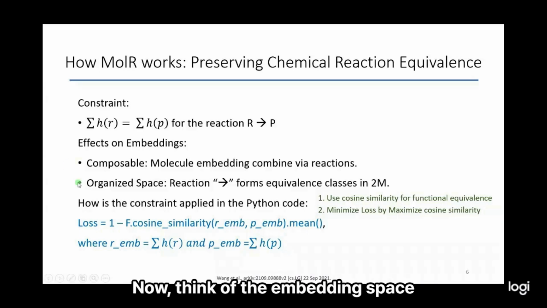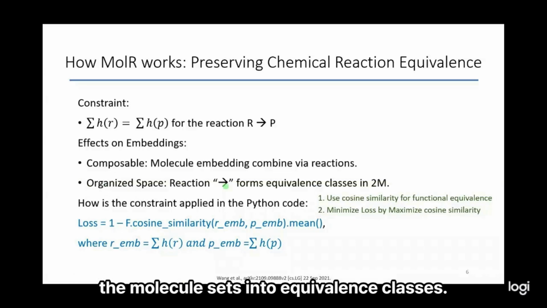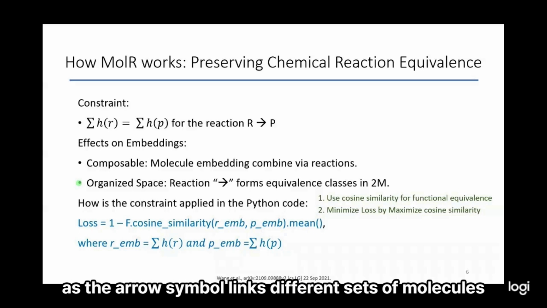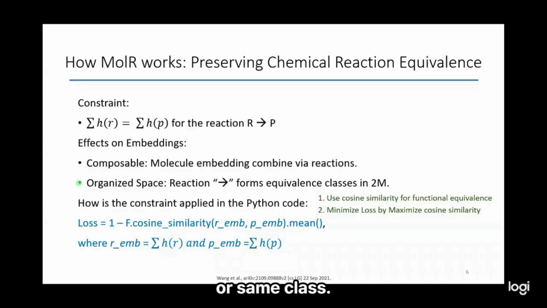Now think of the embedding space as being organized. Each reaction, represented by the arrow, groups the molecule sets into equivalence classes. In other words, reactions, which is represented as the arrow symbol, link different sets of molecules, and those linked sets fall into the same bucket or same class.